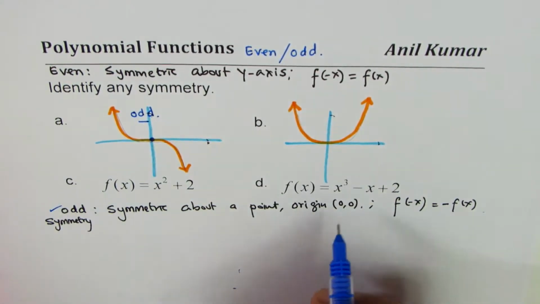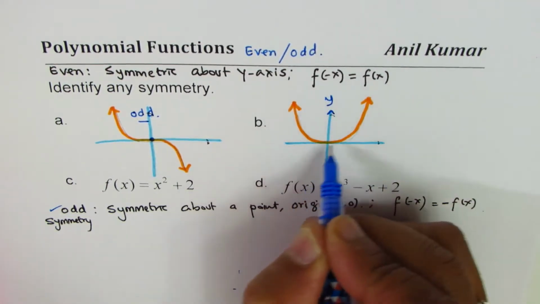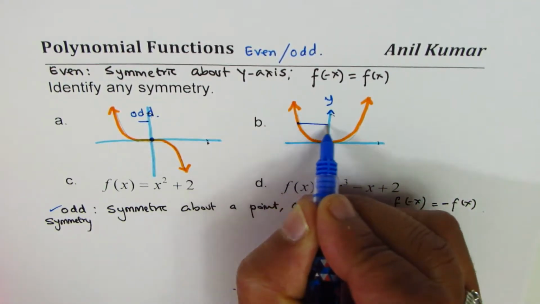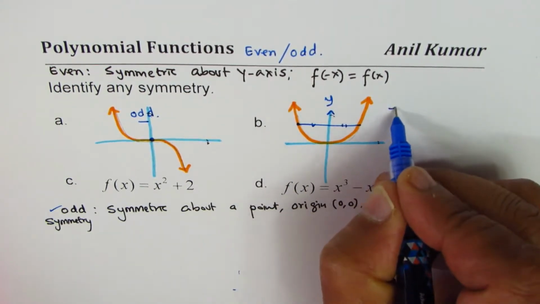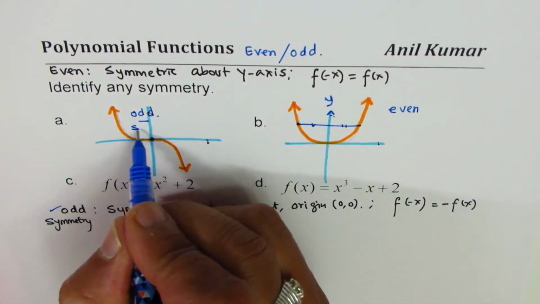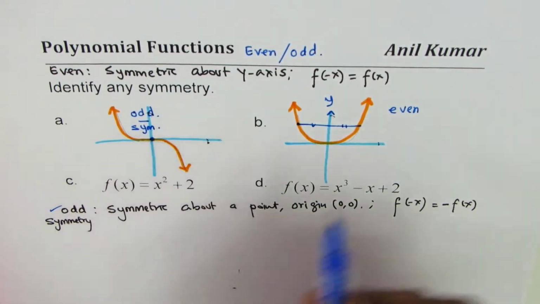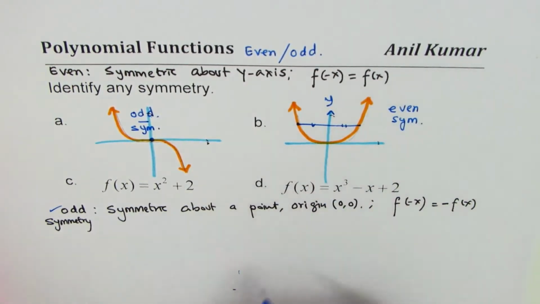Do you see that? And here this function is symmetric about the y-axis. That is to say, we have a mirror image, right? So this is even symmetry. Is it okay? So we have odd symmetry for A. Let me write it in short form. And even for part B.